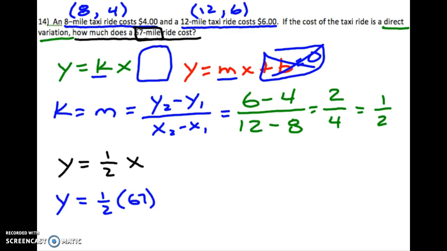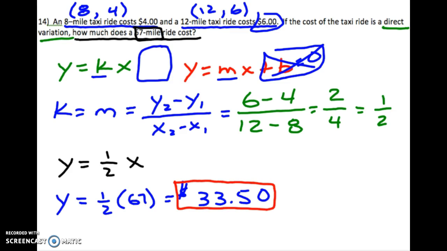Put the 67 in for the x and do the math. 1/2 times 67, or 67 divided by 2, should give us 33.5. Remember, the y value is the cost, the money thing, like the $6 there, so let's put in a dollar sign. And if you want to make it look like money, let's add a 0 after the decimal point, so that we're looking at an answer of $33.50.